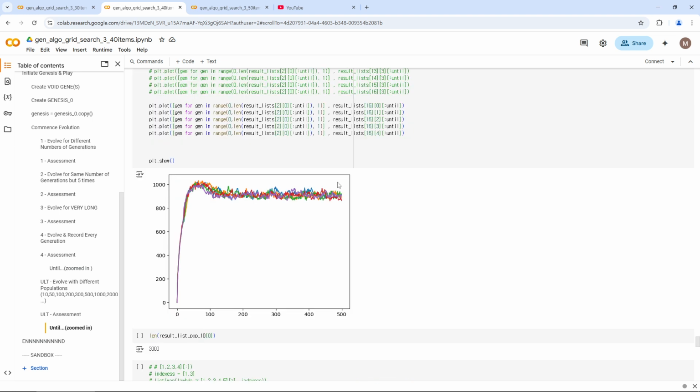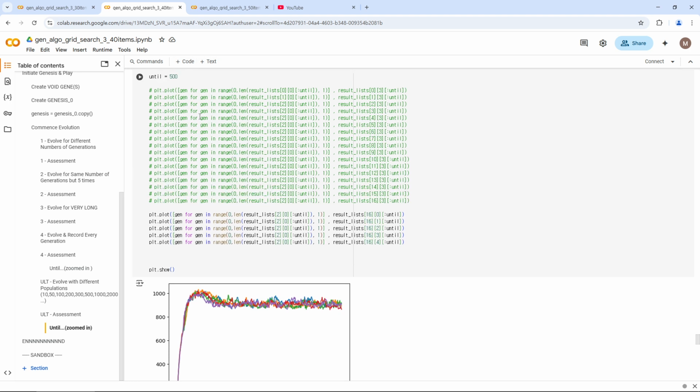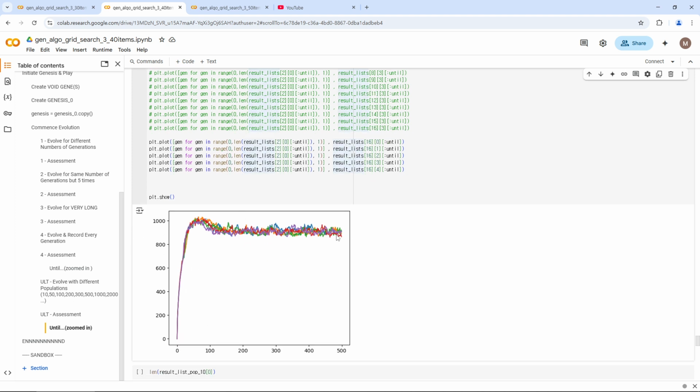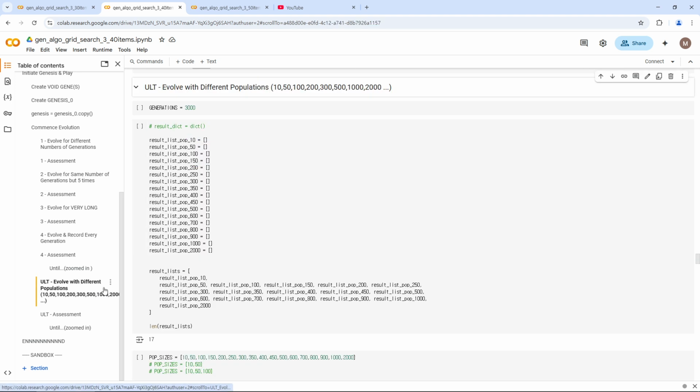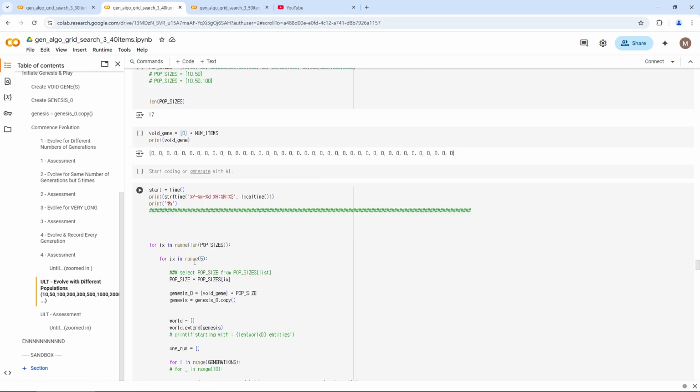And we see the dip at about a 10% decrease, because it's about at 1000, and the dip always stays somewhere close to 900. And if you look closely, this plot is until generation 500, but all these plots are for population 2000, all 5 of them, because I did them 5 times per population.